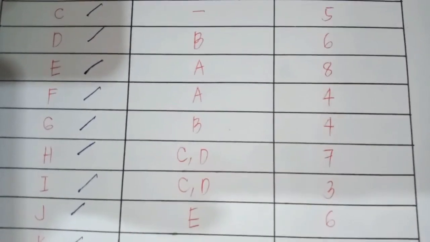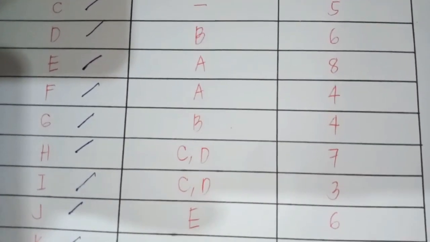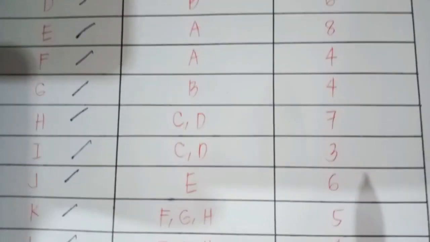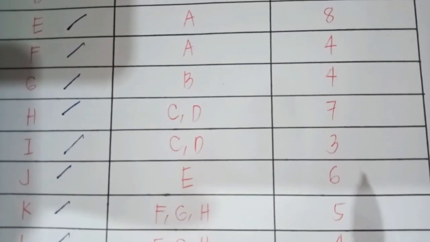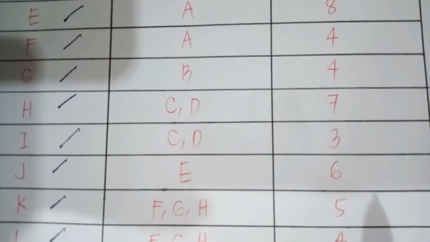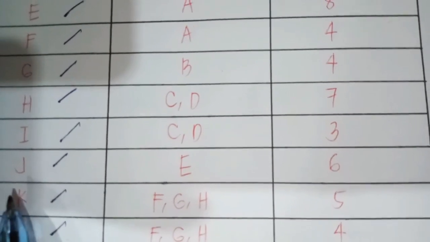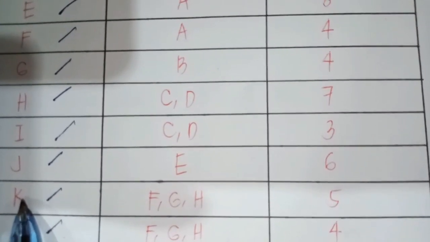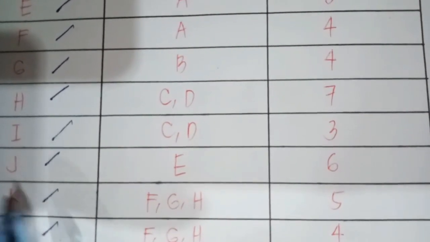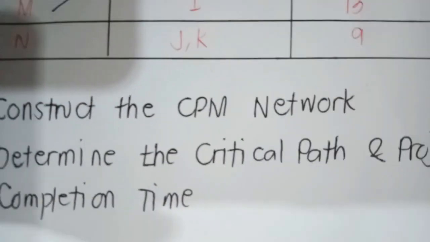And finally, we are done with activity J and moving on to our activity K. And take note, like I said earlier, we need to see to it if activity K is an immediate predecessor of any other activity. Now, as you can see, a little lower, yes, it is.